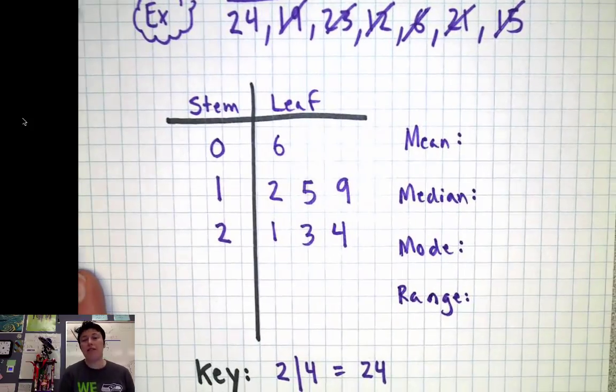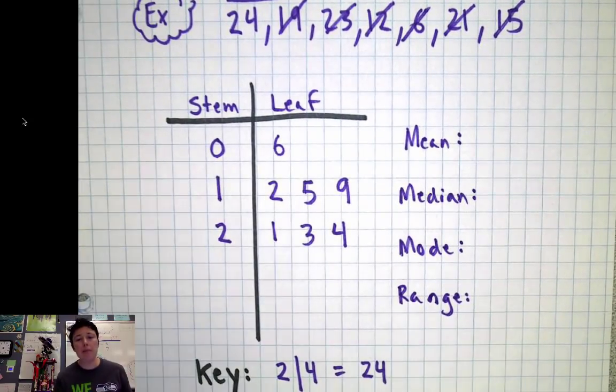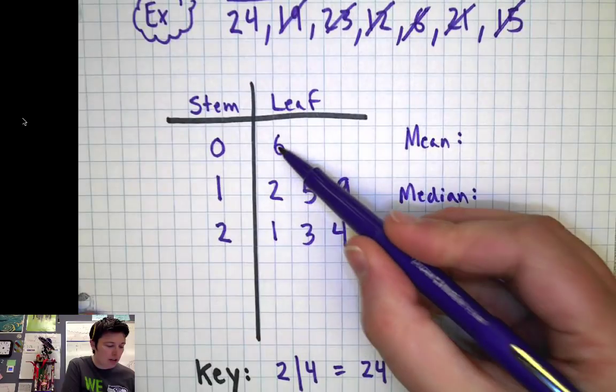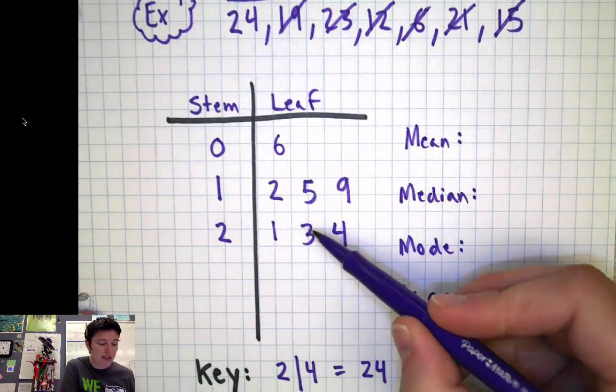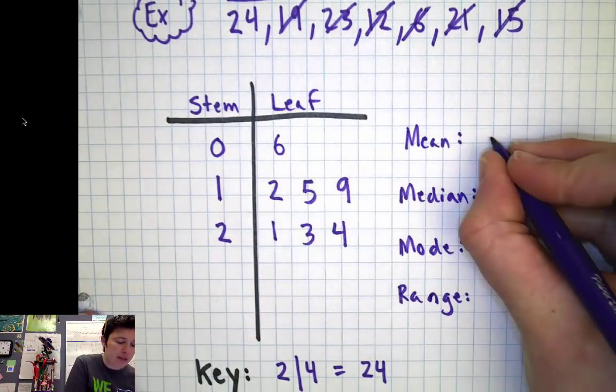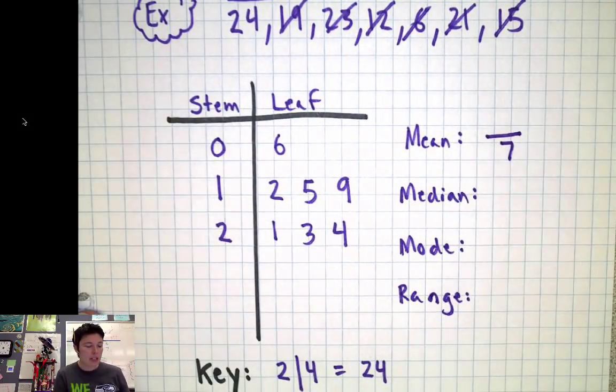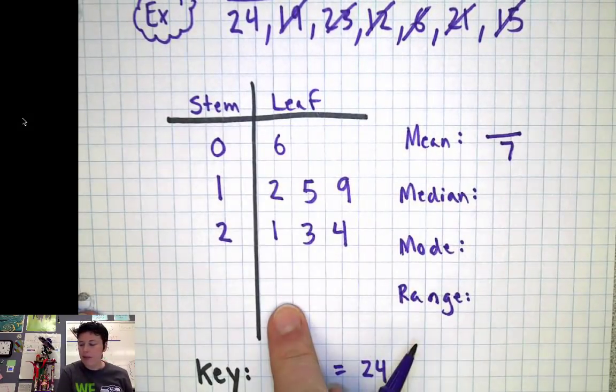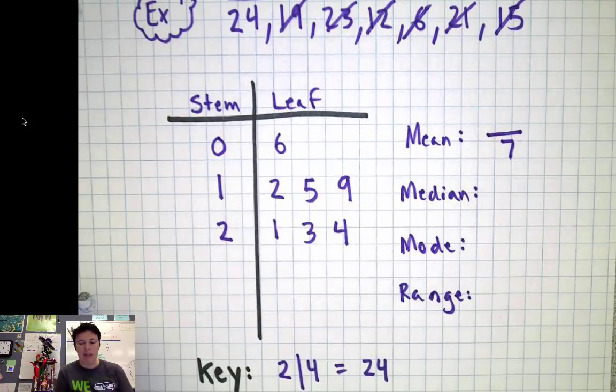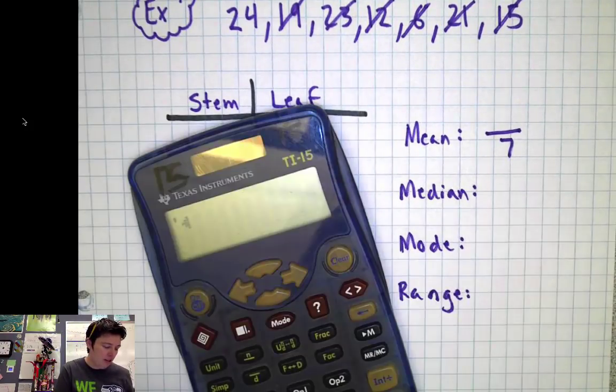All right, so mean first. Mean is where you're going to add them all up and divide. And I see that there are 1, 2, 3, 4, 5, 6, 7 data points. So we are going to be dividing by 7. We need to add up all of these values. So I'm going to probably just grab my calculator and do that real fast. So what do we have?